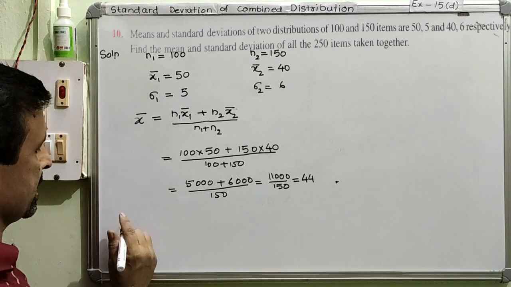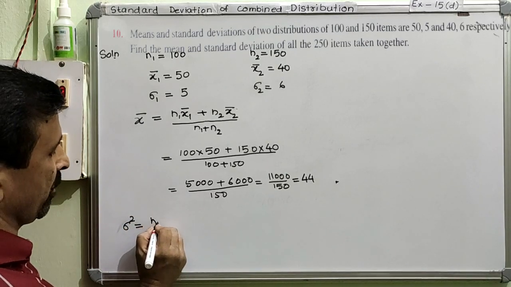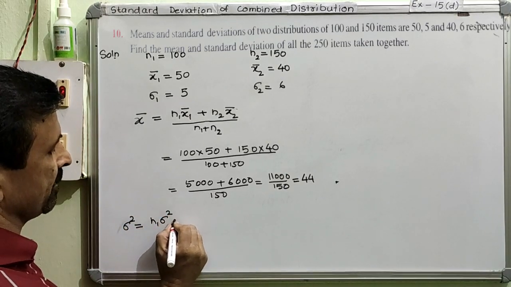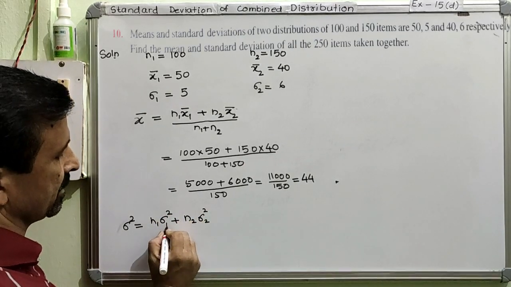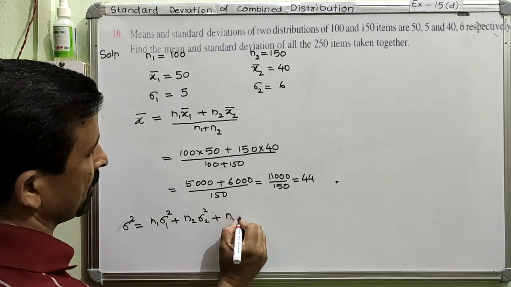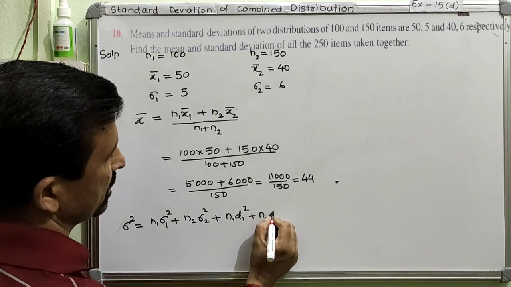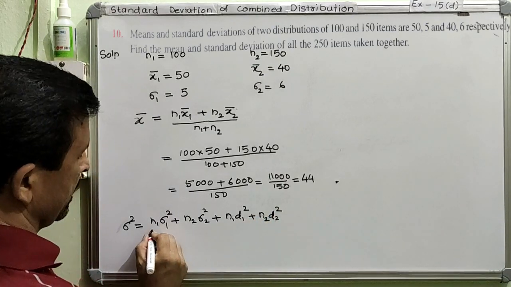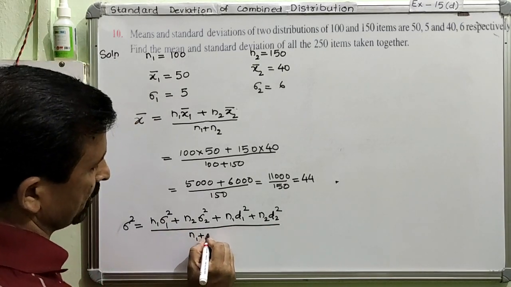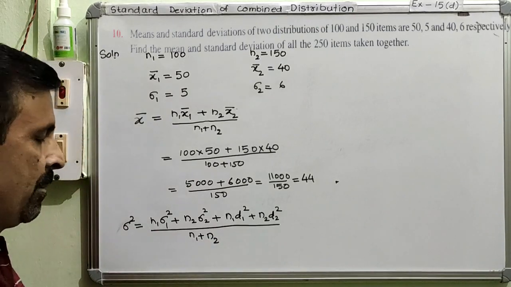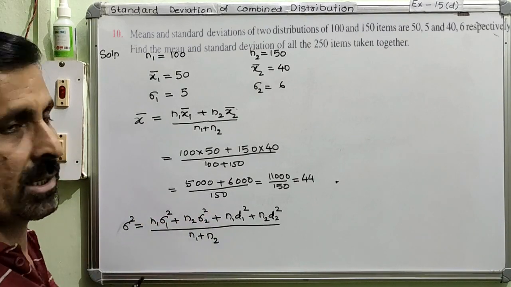For the standard deviation, the formula, which you have already written, is sigma square equal to n1 sigma1 square plus n2 sigma2 square, plus n1 d1 square plus n2 d2 square, divided by n1 plus n2. This is just to remind you of the formula for the standard deviation. So we will use this formula and calculate the standard deviation.